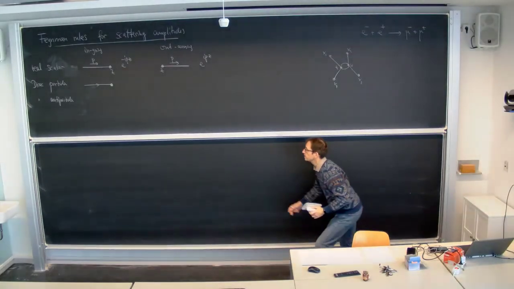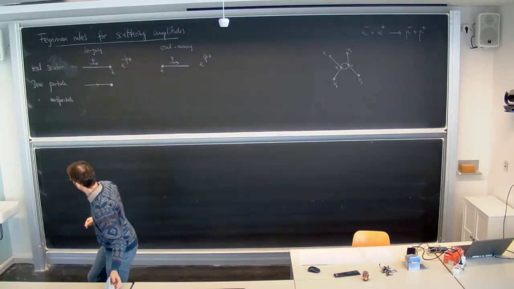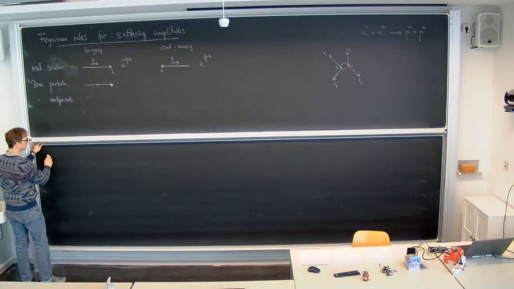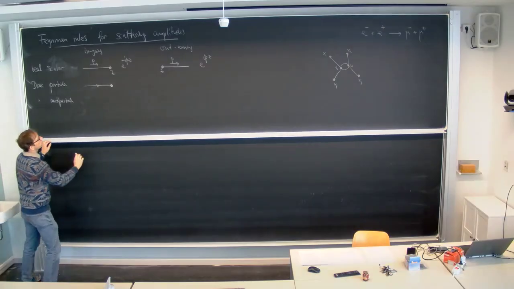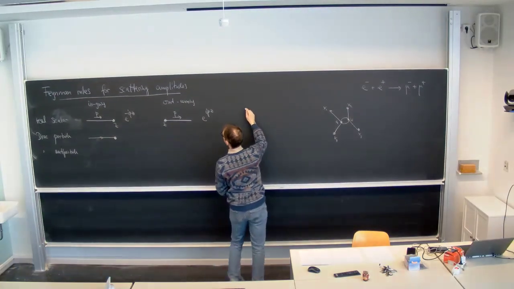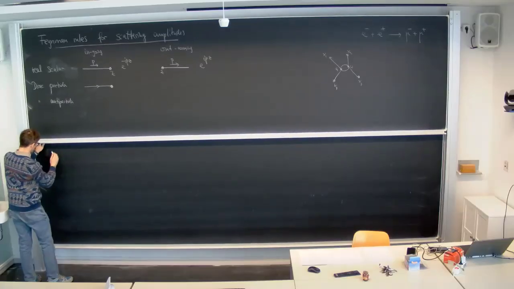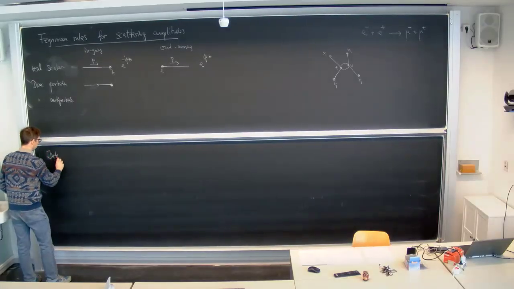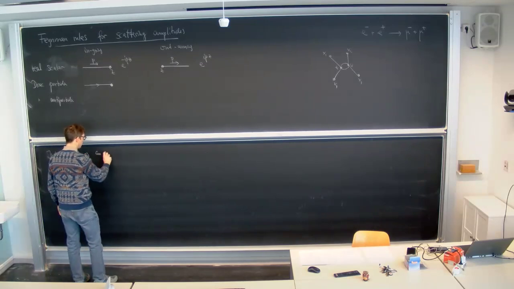So my list, these are the external particles and here will be the internal lines. So I'll write the propagator down here. Internal lines would be propagators.